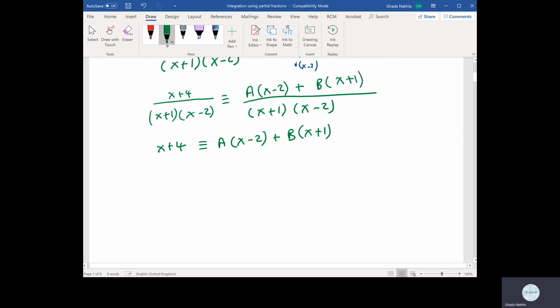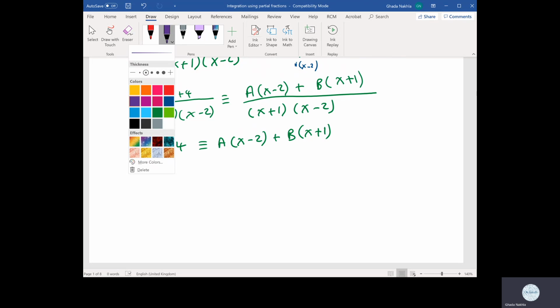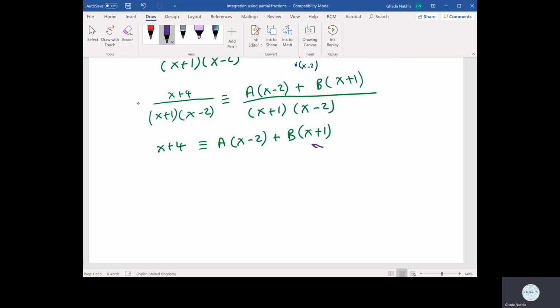Let's use a purple color. What is the value of x that will make that bracket equal to 0? Minus 1 is the value. So minus 1 plus 1 is 0, and 0 times b is 0. This means that b will disappear, and therefore I should be able to find a.